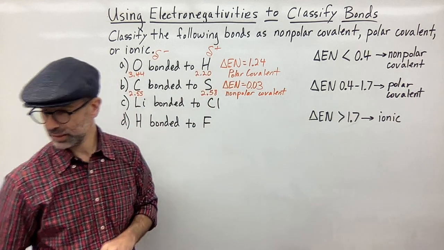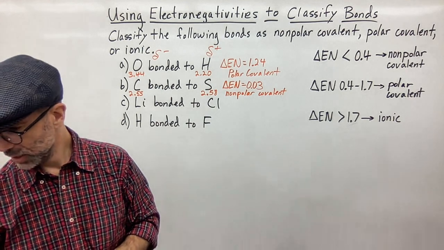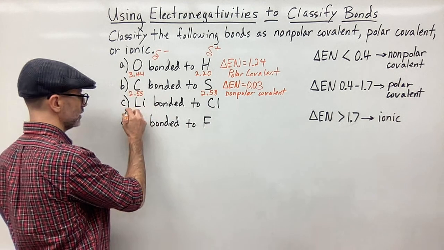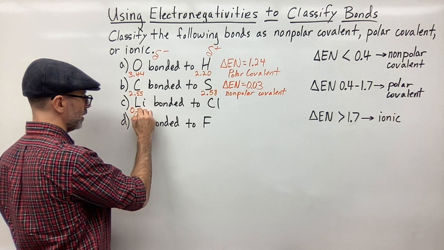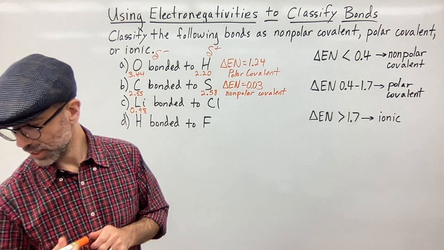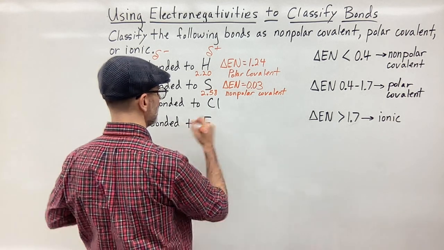Okay, so lithium, where's lithium? Lithium has an electronegativity of 0.98, so we'll put 0.98 there. And chlorine has a pretty high electronegativity. Its electronegativity is 3.16.